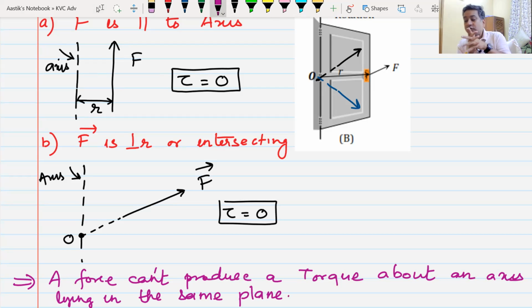Then when can your force produce torque? That means no force can produce torque, right? But force does produce torque. When can a force then produce torque?